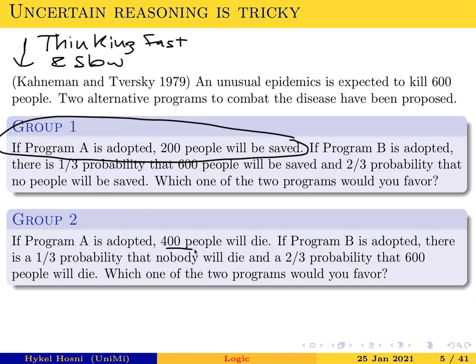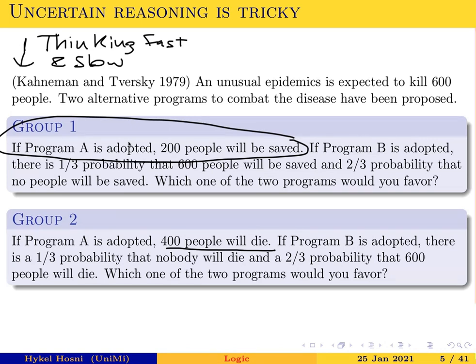You're saying the same thing, but now with the connotation of you killing people. Everything else stays absolutely the same, just reversed negations. But what happens is that the preference now is flipped. So in group 2, the vast majority of people prefer program B.